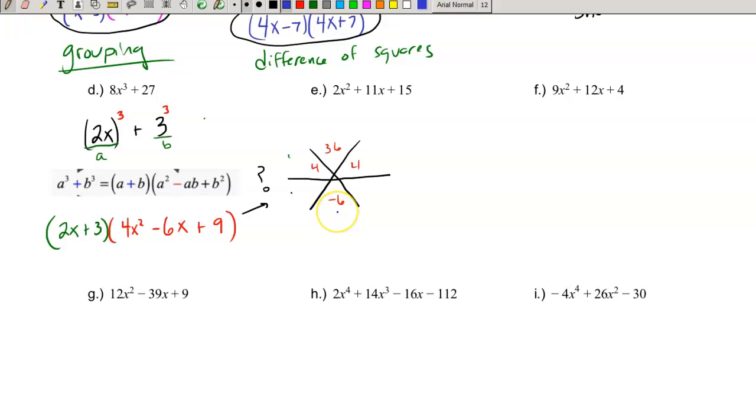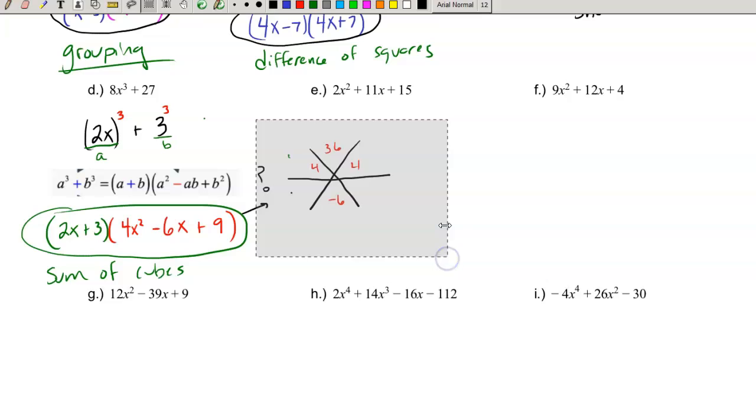I don't think that works. This doesn't factor. There's nothing that works there. So I was wrong. You can't factor that anymore. This is as far as you can go. And so here's my answer. And the factoring that I use here is going to be the sum of cubes.